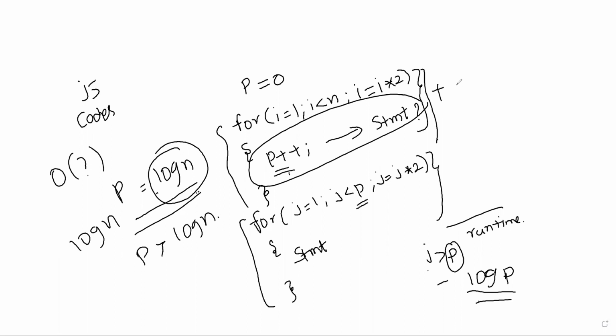We are interested in knowing the value of p, because p is equal to 0, right? Already I gave the value. That's fine. Leave those things. I don't want to confuse you more. So this entire statement, if you want to express it in terms of runtime complexity, this runtime complexity would be log n.